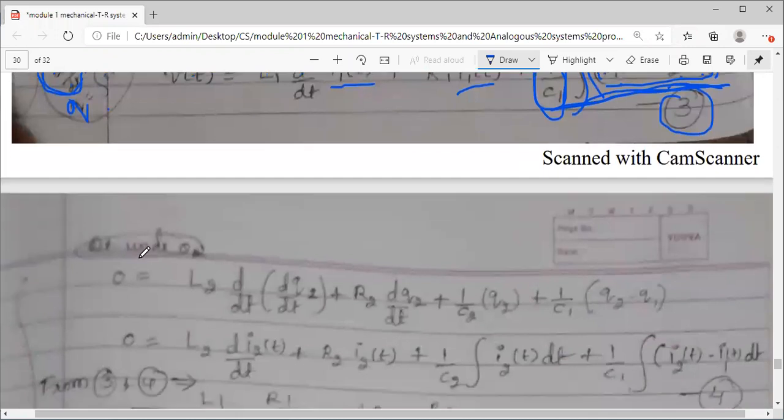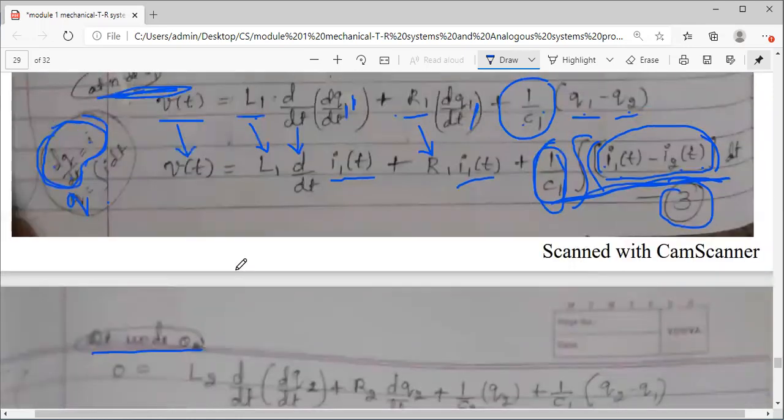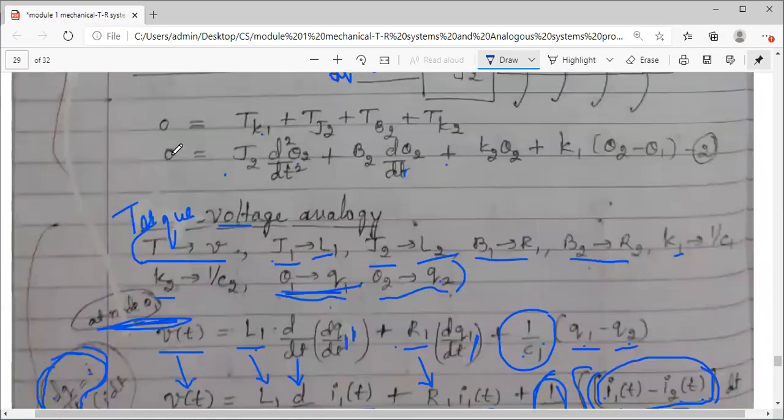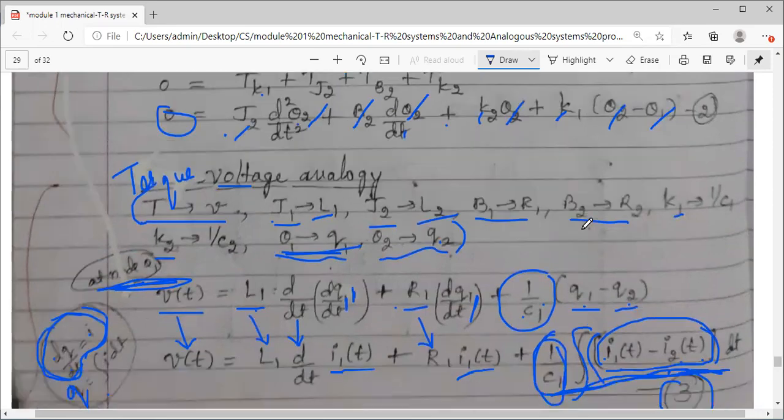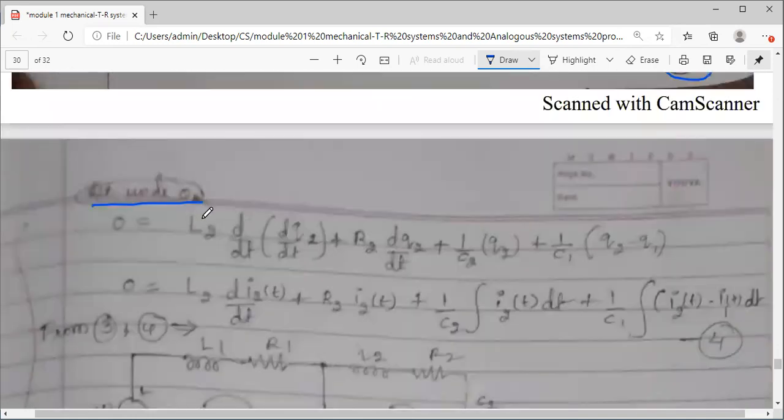Similarly, I'll go for node theta 2. Hope it is visible to you. At node theta 2, let me refer. You have 0 on the LHS, and you have J2 theta 2 double dot, B2 theta 2 dot, K2 theta 2, K1 theta 1 minus theta 2. These quantities I will replace with the analogous quantities. See, J2 is L2. The d by dt of theta 2 is Q2, and B2 is replaced with R2.